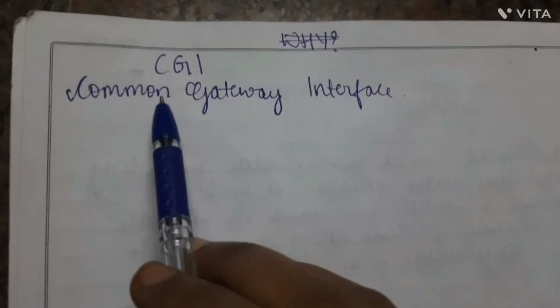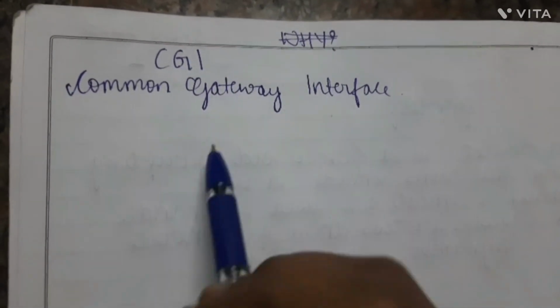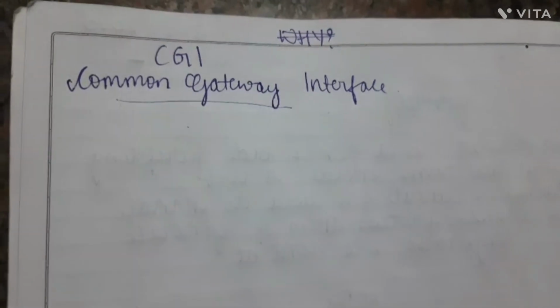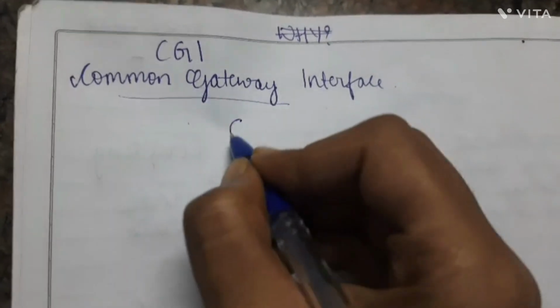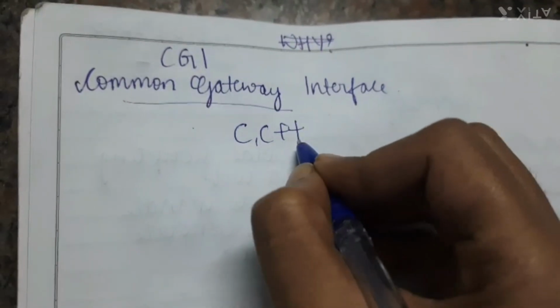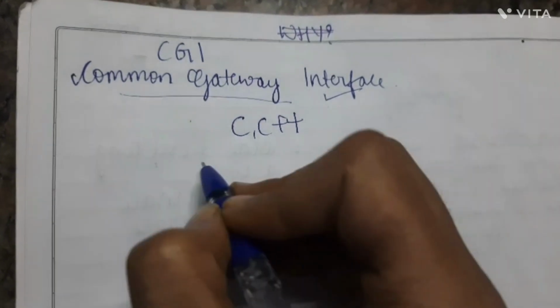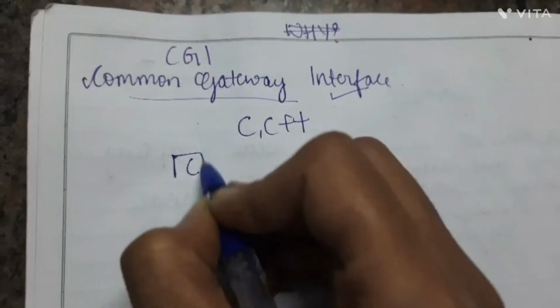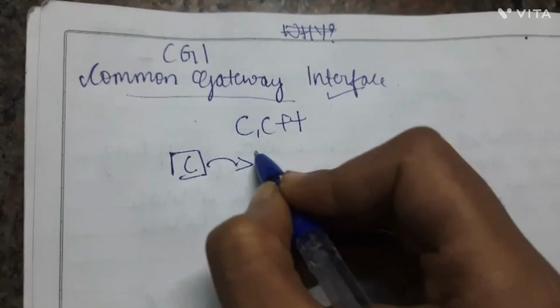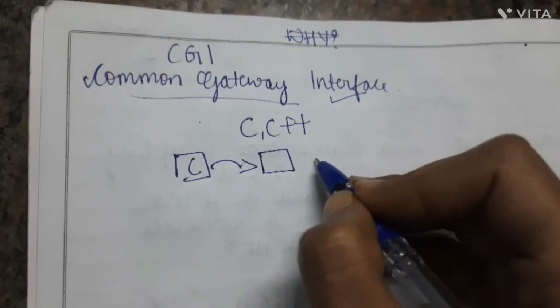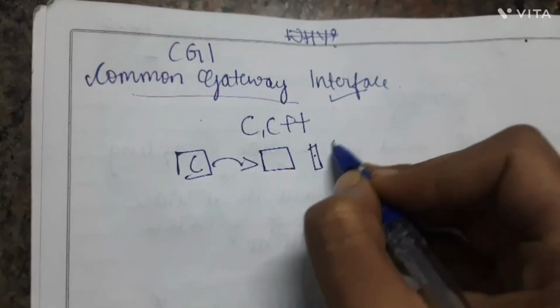So the another topic is CGI. It is one of the first solutions for creating dynamic pages, and it could be written in C or C++. There are many limitations for CGI, because whenever a client requests some page from the server, for every single request the server will create one process and then destroy it.